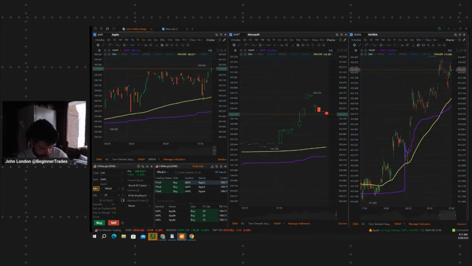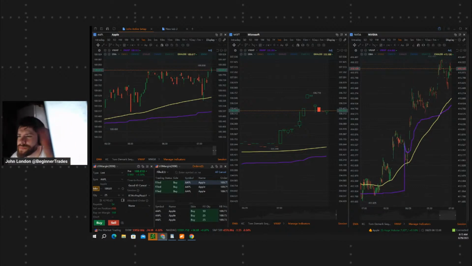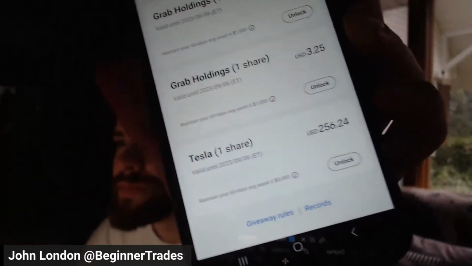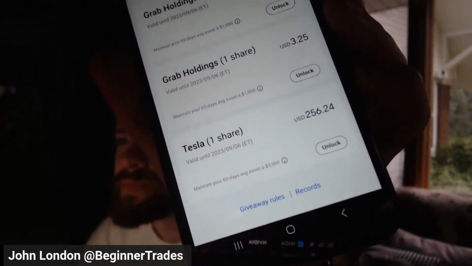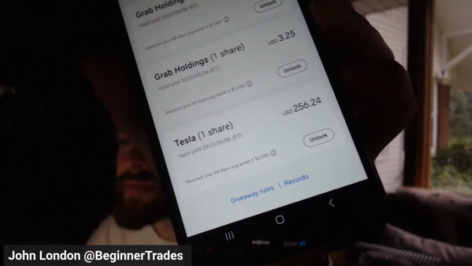So here's Moomoo. Where's my Tesla share? I also got a share of Palantir. I got a free share of Tesla.